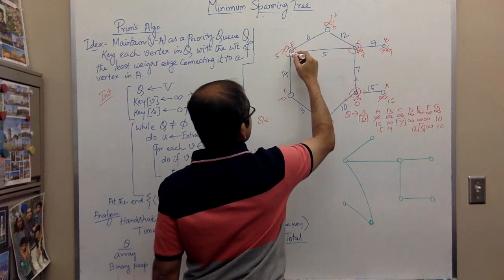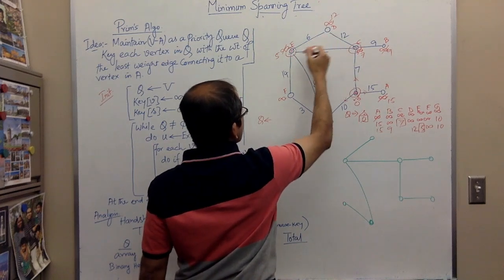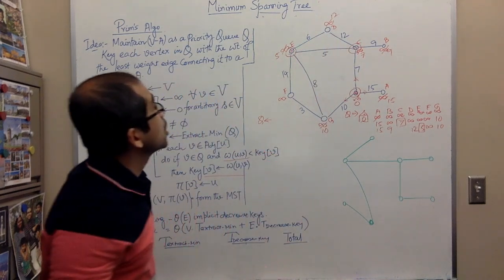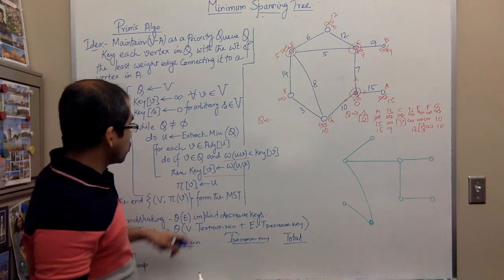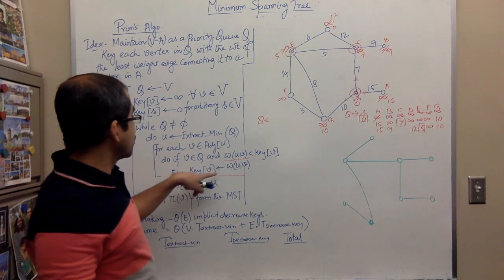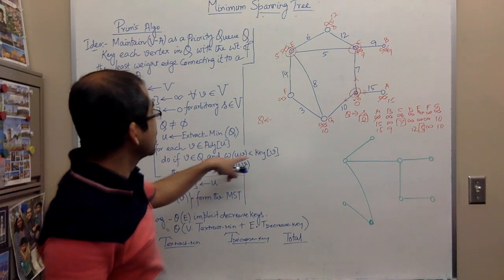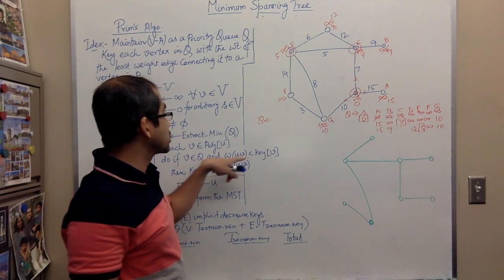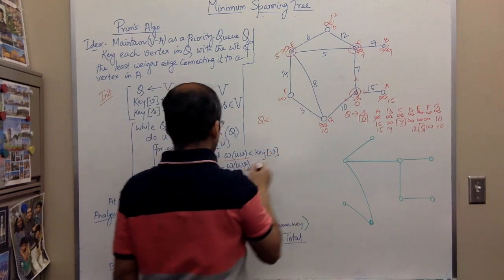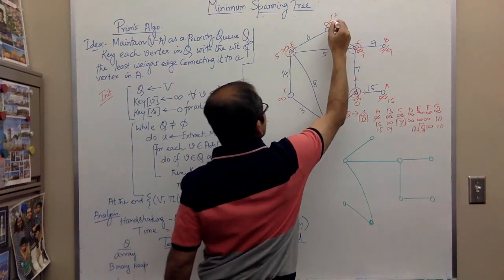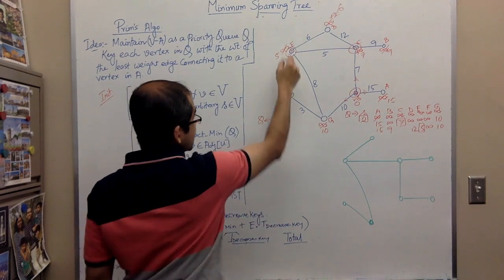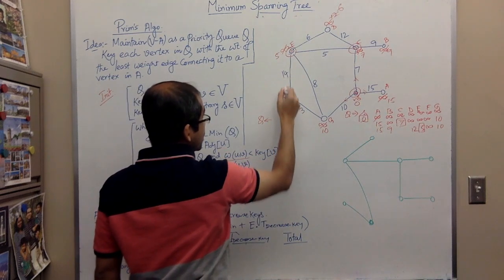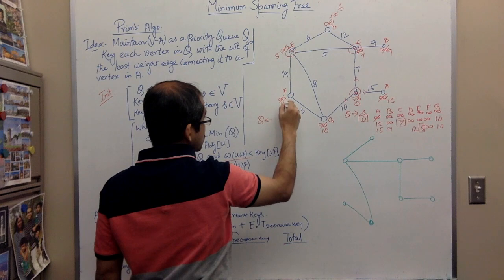Like from this E to D, there is an edge which is 6. The edge weight is 6, which is less than the key, so we can change this key from 12 to 6. And there is an edge here E to F, which is 14, so change this to 14.